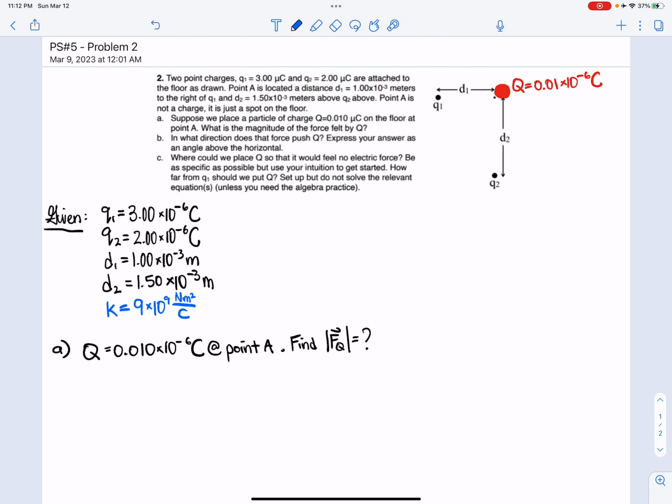So, according to Coulomb's law, the formula for electrostatic force is equal to K times the magnitude of charge 1 times the magnitude of charge 2 divided by r squared.